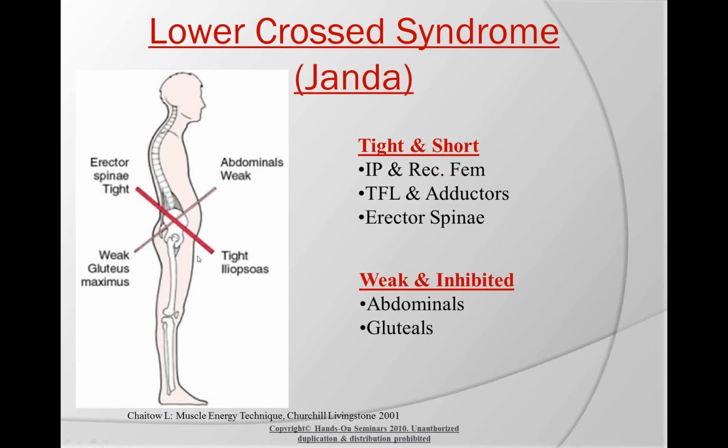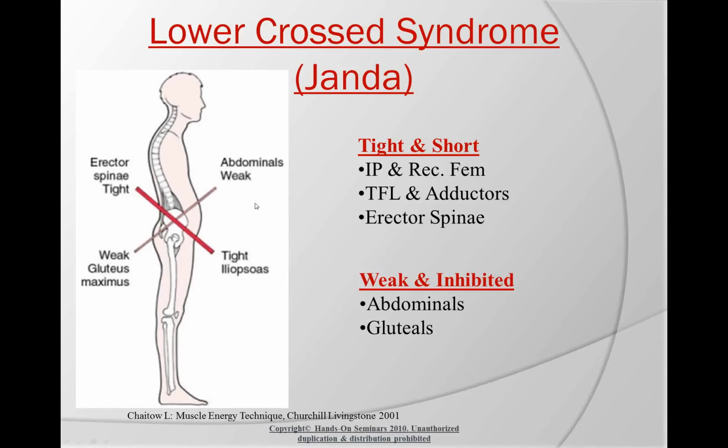So this way, by maintaining tightness in the psoas and the erectors, the body tries to stabilize the pelvis, tries to create a neutrality of the pelvis. So this is a lower cross syndrome.